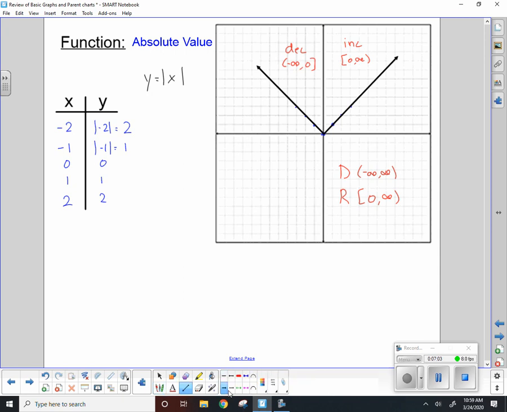Remember, we can see that by placing any point along that graph. And as that point moves along the graph from -infinity to 0, the y values decrease. They get smaller and smaller and smaller until they get to 0. And then anything to the right, as I move from 0 to infinity, the y values get bigger and bigger and bigger. They increase.